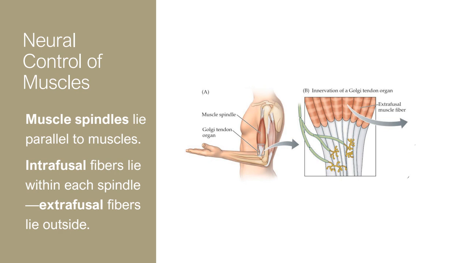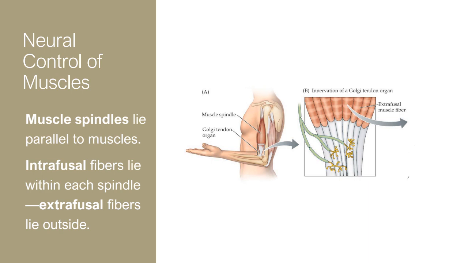This kind of adjustment requires very precise feedback loops that measure how much your muscles have stretched. You may not have thought that this is important, but it is really important for your brain to know just how much your muscles have stretched for any type of movement that we're making.